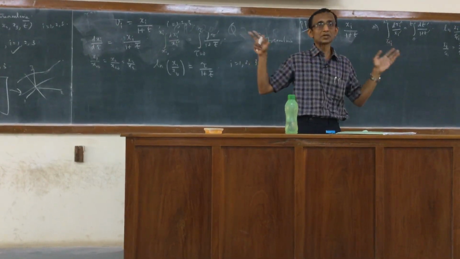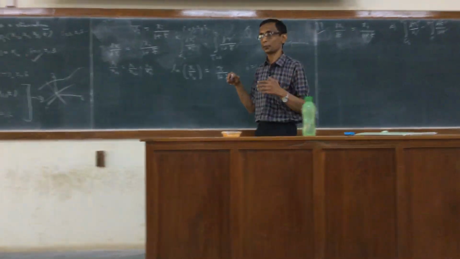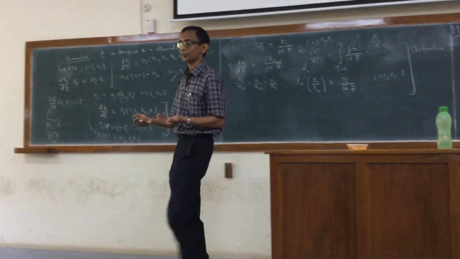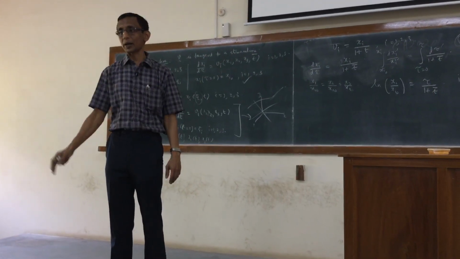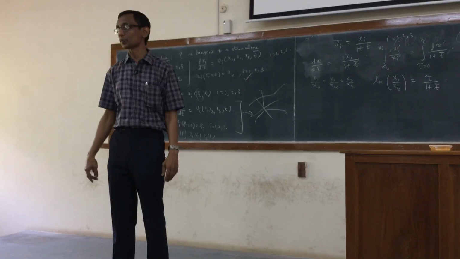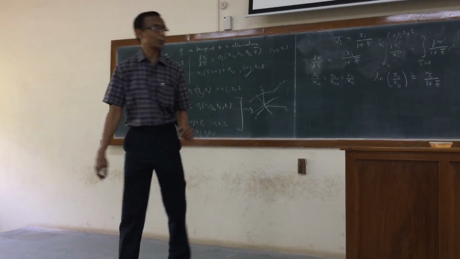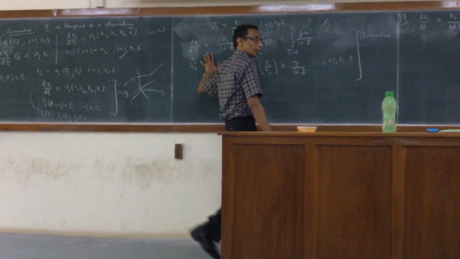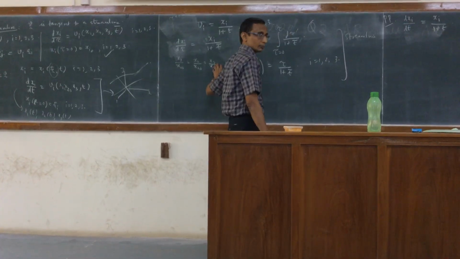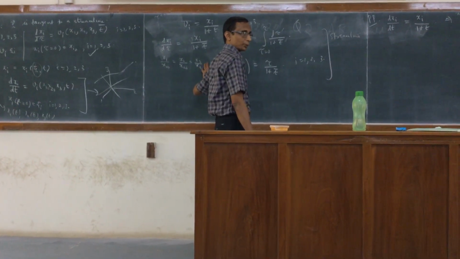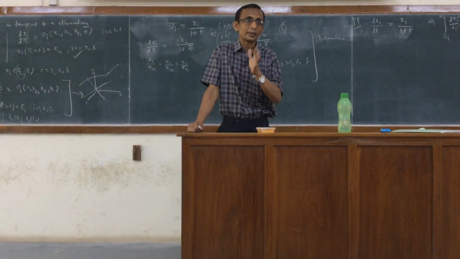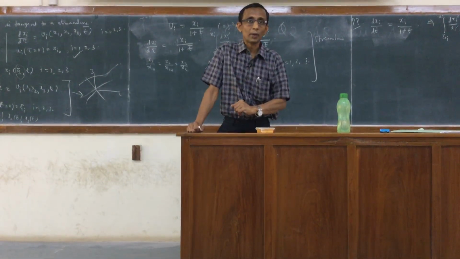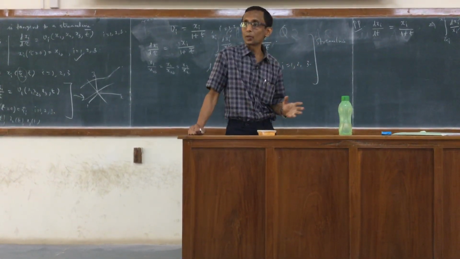If you got a whole bunch of streamlines and a whole bunch of particle paths, they will basically look the same because those are also straight lines passing through the origin. And you can always make a mapping between them. A particular particle path may not correspond to a particular streamline, but I can always find a streamline that corresponds to a particular path by using the material coordinates suitably.